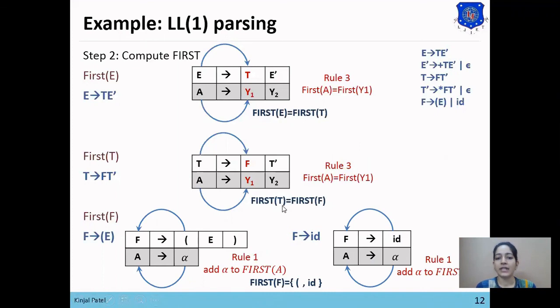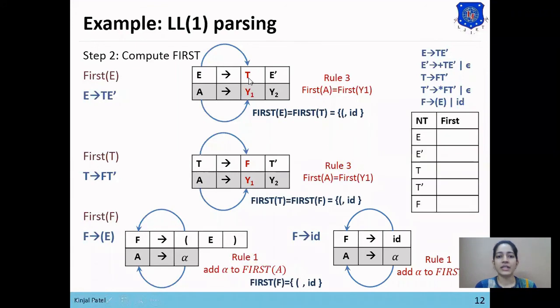So first of F is opening bracket and ID. Now first of T equals first of F, so first of T will be opening bracket and ID. Then first of E equals first of T, which is opening bracket and ID. So using this rule, we have found the first of E, T and F. Now rule 3 says that if there is a non-terminal at the first position and that non-terminal derives null, then we need to check the next non-terminal also. So we check: does T produce null?